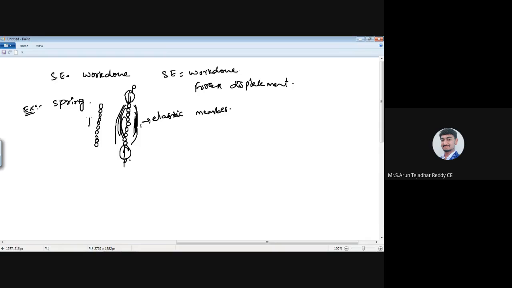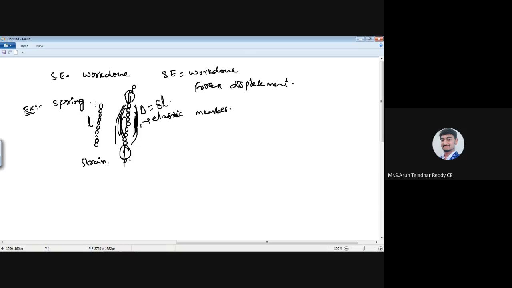It means first of all original shape is L. After applying the load, it is delta or else del L. So it is very simple. When we are applying load, it will change its shape. This change in shape is called a strain.